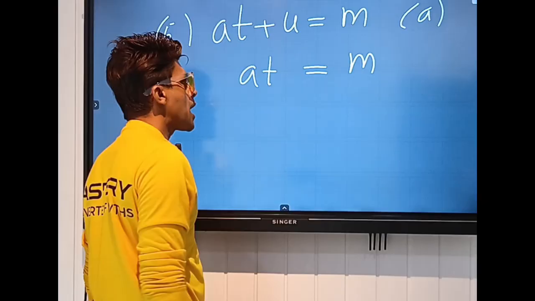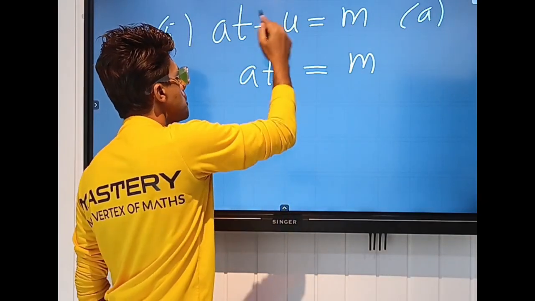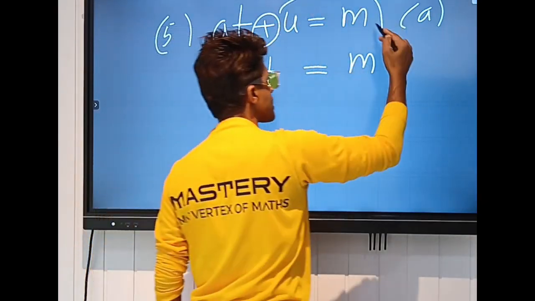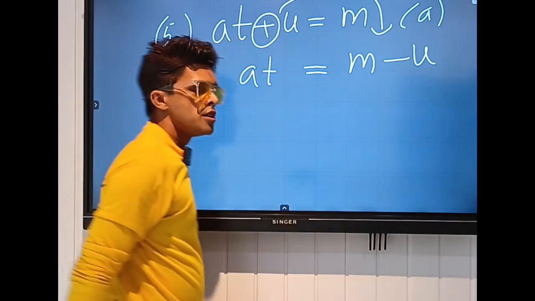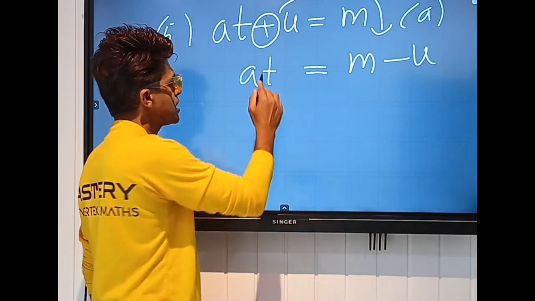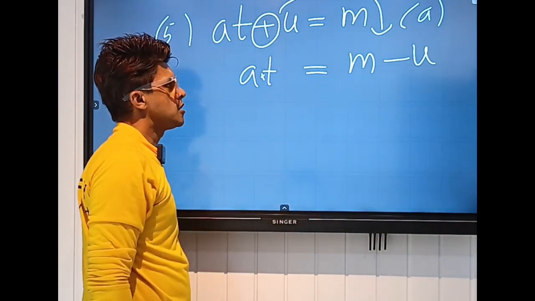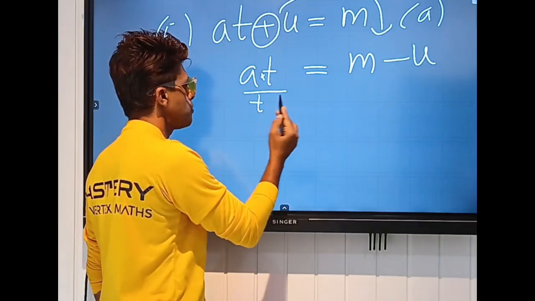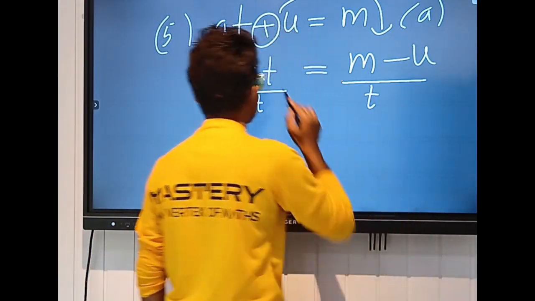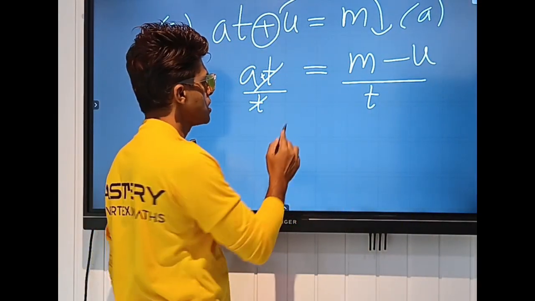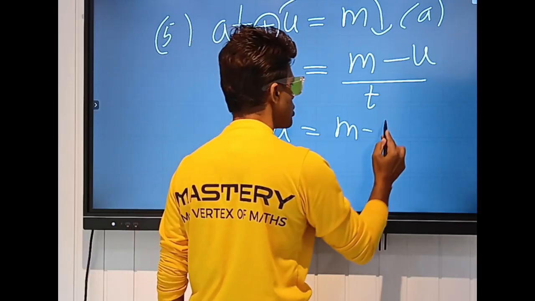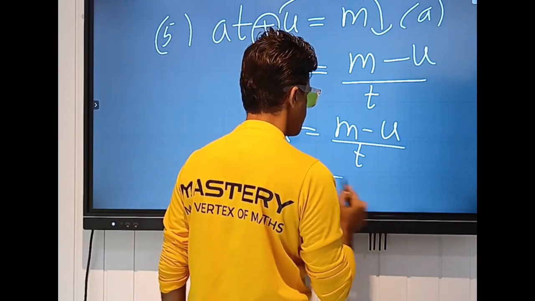This m is written, and this plus u is brought to the right side. Then this becomes minus. Here is multiplication, therefore you should write the term a as the subject, so divide both sides by t. So t and t can be removed, therefore a equals m minus u over t.